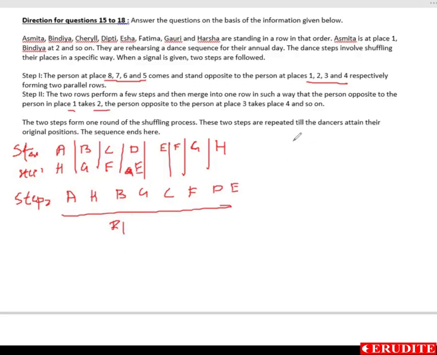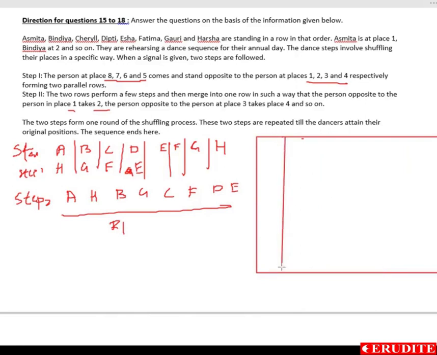So if I make a situation like this, starting position, now I'll make a table. Starting position, end of round 1, end of round 2, end of round 3.